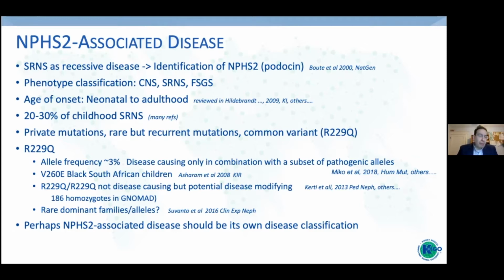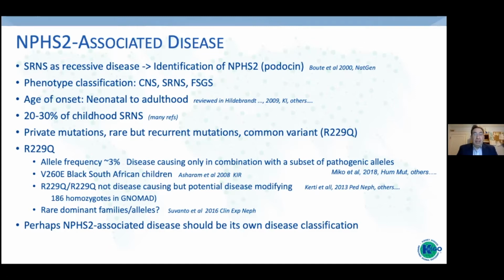And then there are a few reports that there are perhaps rare alleles in NPHS2 that act in a dominant manner rather than a recessive loss of function manner. So really, although we typically think of NPHS2 as a monogenic or Mendelian disease, if we get into the details, NPHS2 associated disease could be argued to be a complex disease, and one could argue also that NPHS2 associated disease should be its own disease classification.